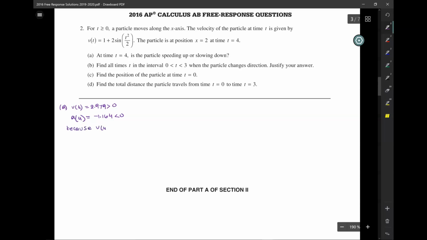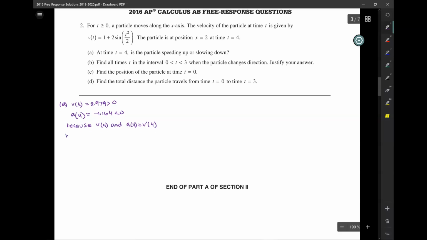Here I didn't write that this was V prime, so I can also say A of 4, which is V prime of 4. Because V of 4 and this have opposite sign, the particle is slowing down.